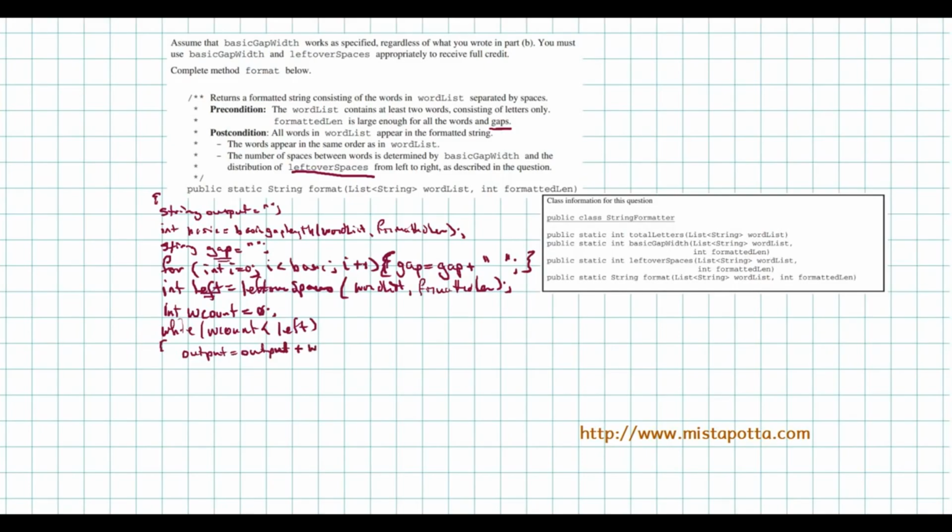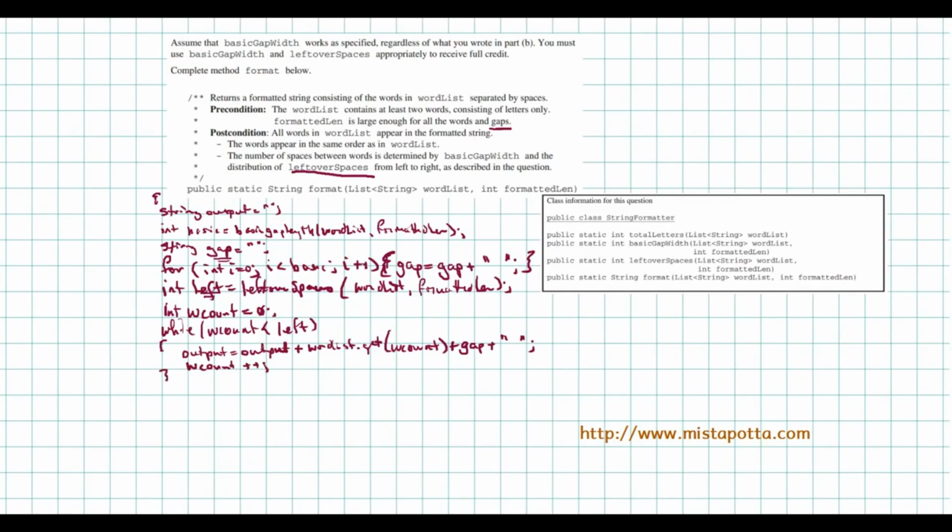So I'm going to have to do word list dot get, and I'm going to have to get word count from my word list, plus my gap plus some space. This is going to be one of my leftover spaces, and then I'm going to have to increment my word count.